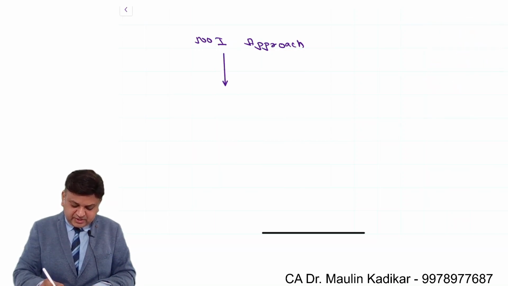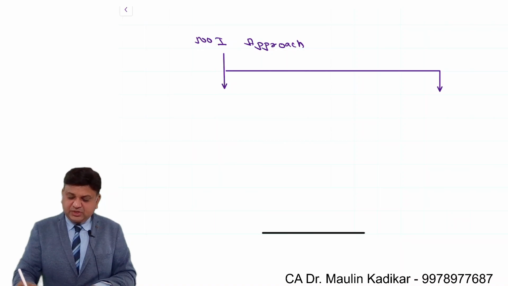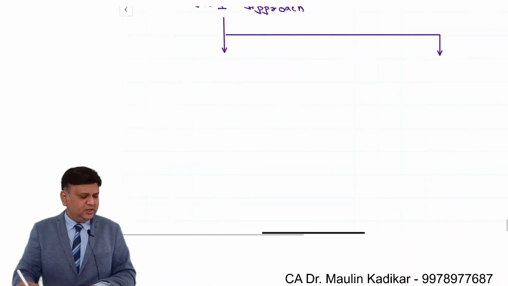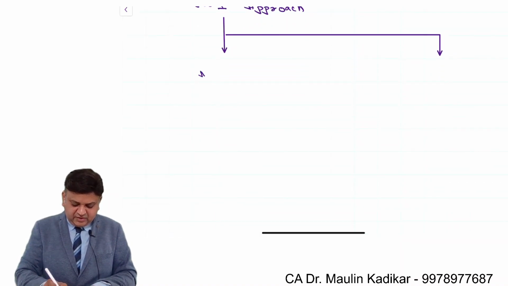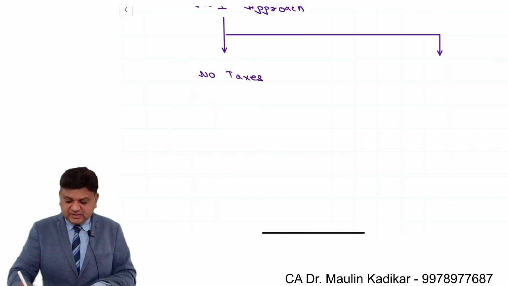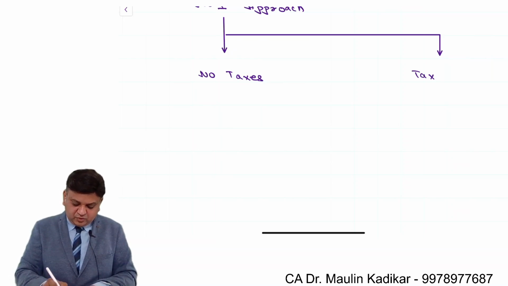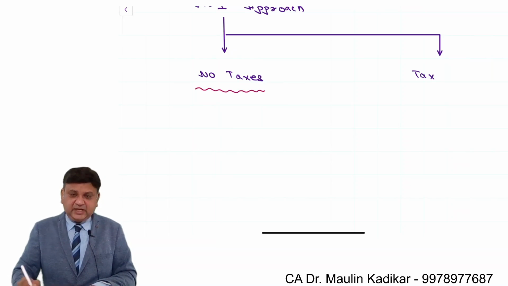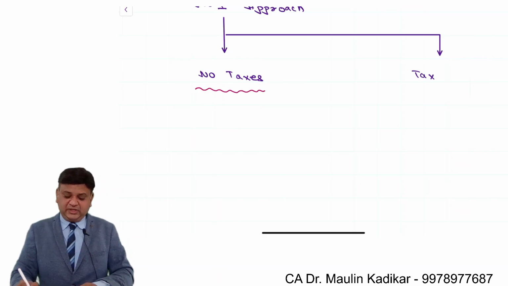The net operating income approach has two separate conclusions. The first situation is if there are no taxes, and the second is when tax information is given. In case of no tax, the net operating income approach has a conclusion like this.